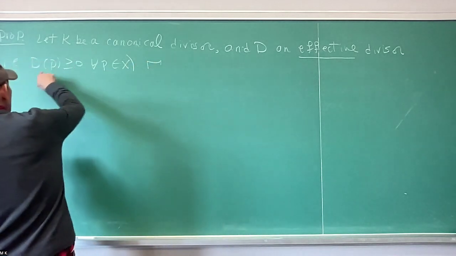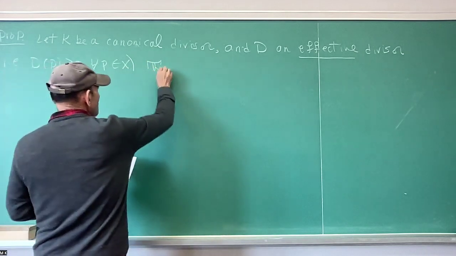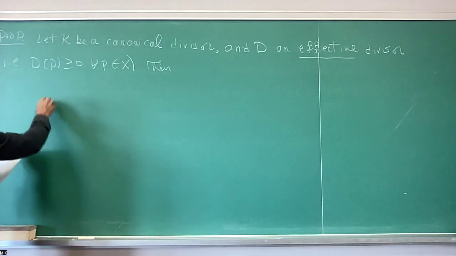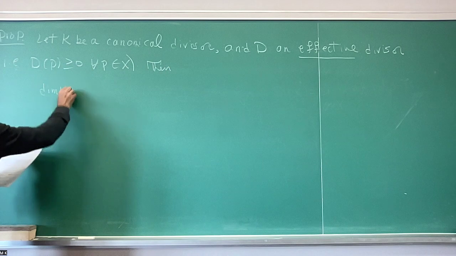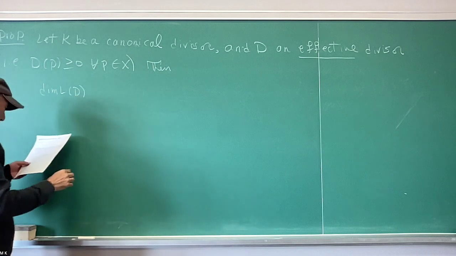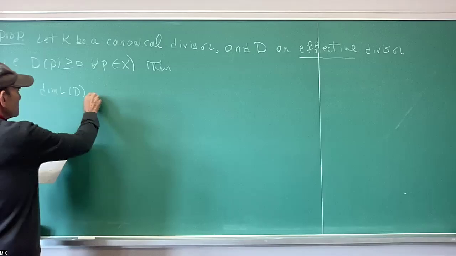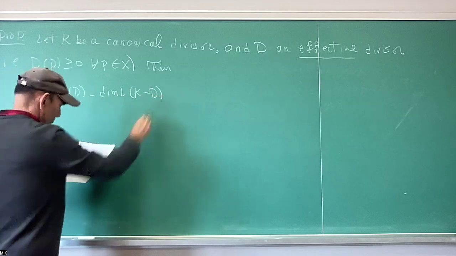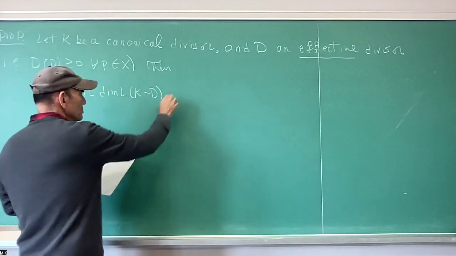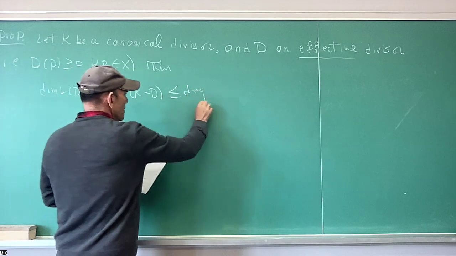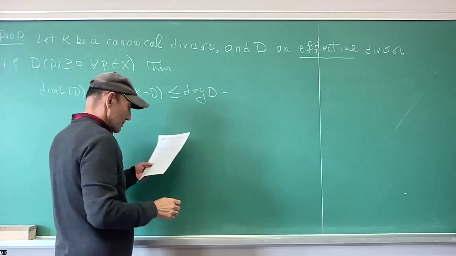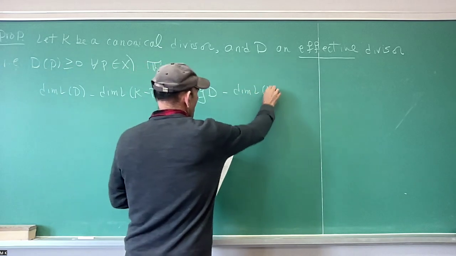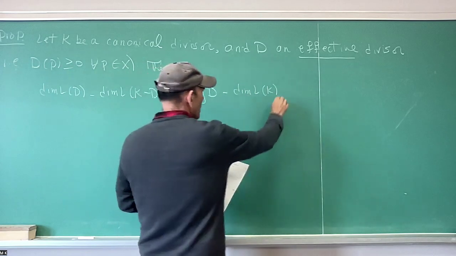So we are working with effective divisors. Then the dimension of L of D minus the dimension of L of K minus D is less than or equal to the degree of D minus the dimension of L of K plus 1.